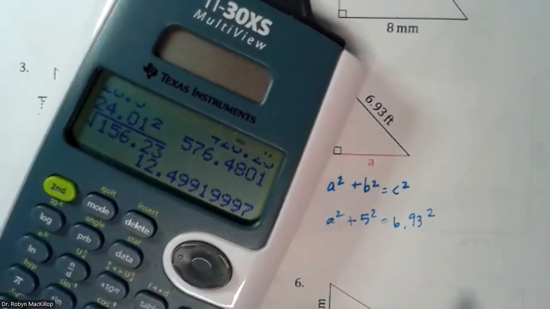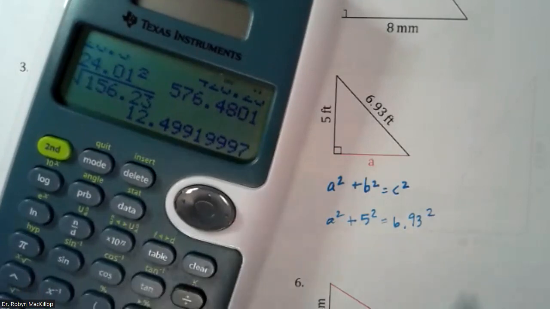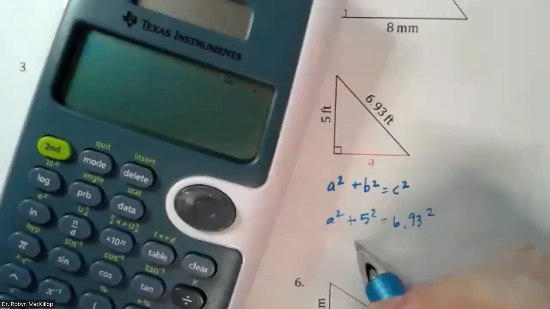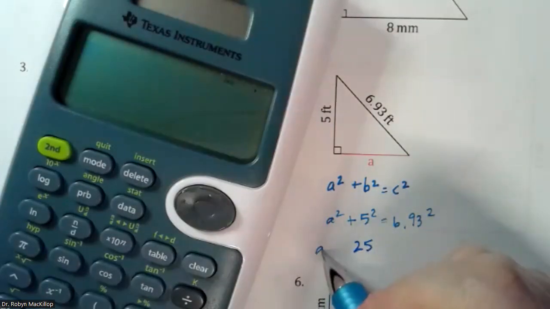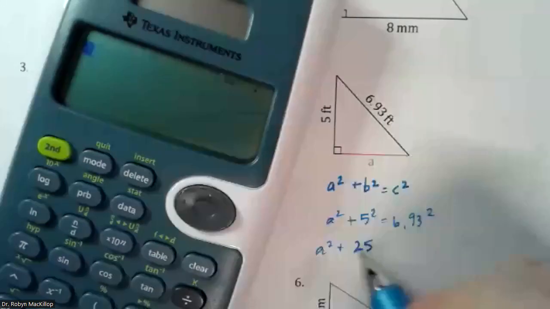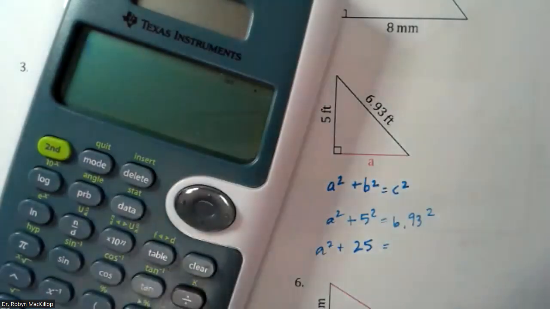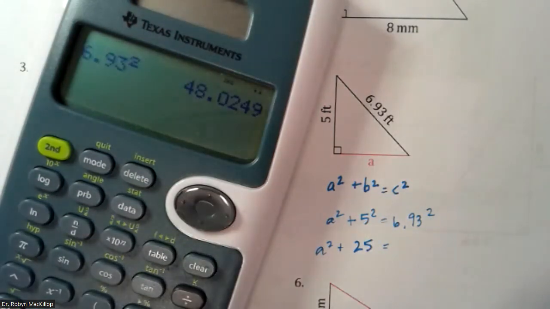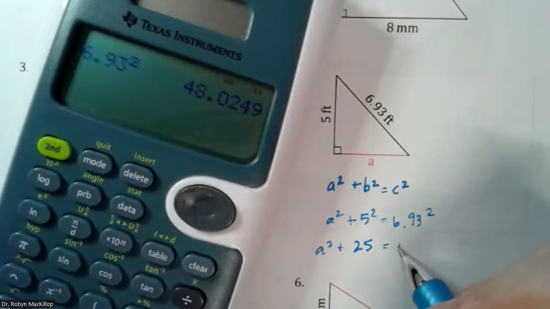What is 5 squared? 5 times 5. 25. Perfect. That's going to be 25. A squared plus 25 equals, I have to do this one on the calculator. I couldn't square that in my head to save my life. 48.02.